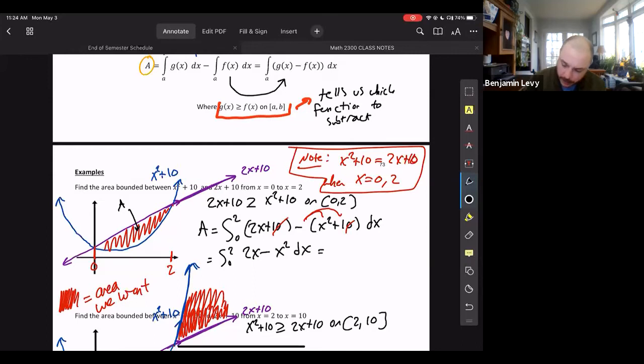That's just going to be x squared, because you divide by 2 and it cancels the 2 out, minus x cubed over 3 from 0 to 2. And that's really easy to do too. It's 4 minus 8/3, because the 0 just makes it go away, which is approximately 1 1/3.